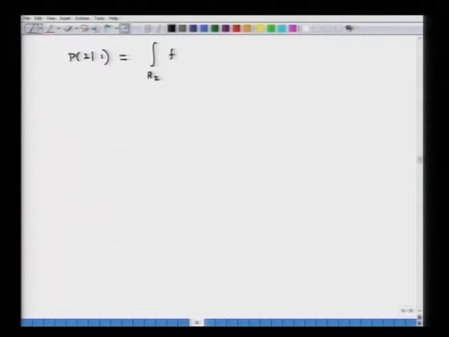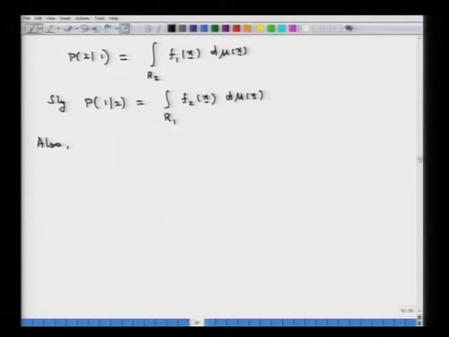So, it has got a density which is f1 x, with respect to the underlying measure d mu x. So, this is the probability of misclassifying an observation coming from pi 1 into pi 2. Similarly, if we look at P1 given 2, this is the integral over the R1 region, because we are classifying it into pi 1 and it is coming from pi 2. So, it has got a density under pi 2 as f2 x, with respect to the underlying measure, say mu.